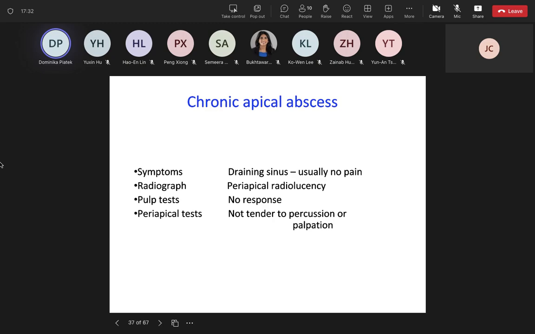It's observed by the patient, and of course the patient can taste that pus. On the radiogram, we will see periapical radiolucency, and for the pulp tests, we will have no response, and for the periapical tests, that tooth should not be tender to percussion or palpation.